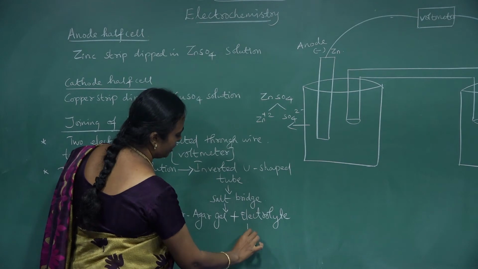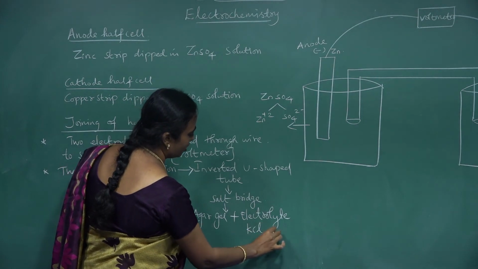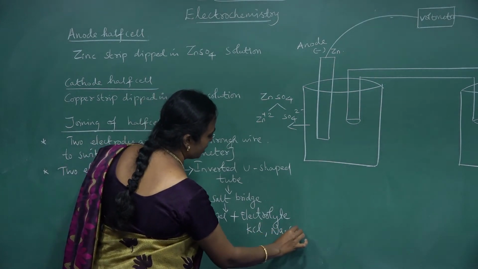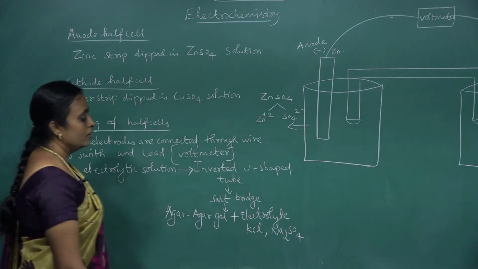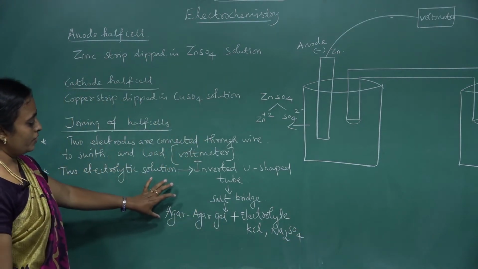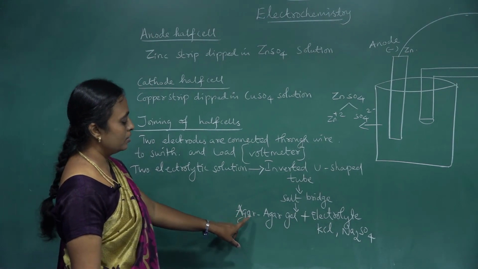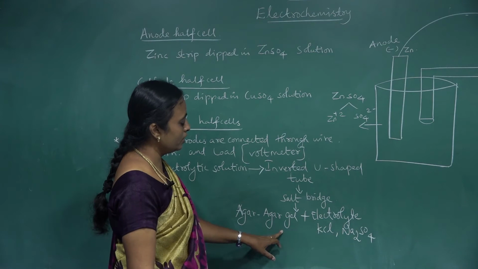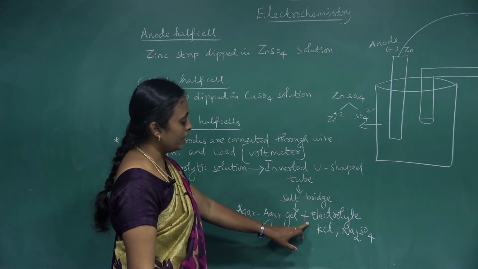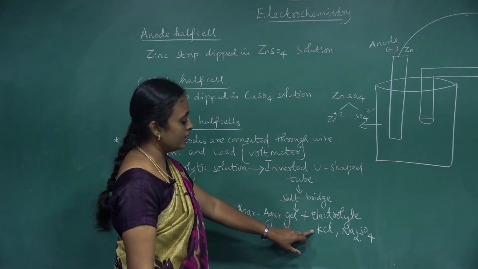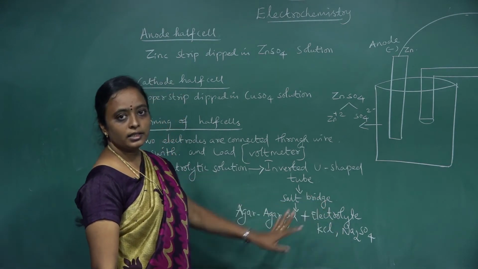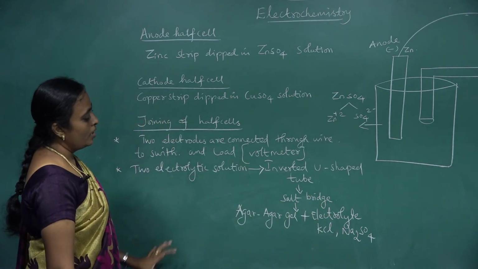The electrolyte we can take as KCl, or you can take Na2SO4. So the salt bridge consists of two substances: one is agar-agar gel, and the second one we can take as an electrolyte, KCl or Na2SO4.